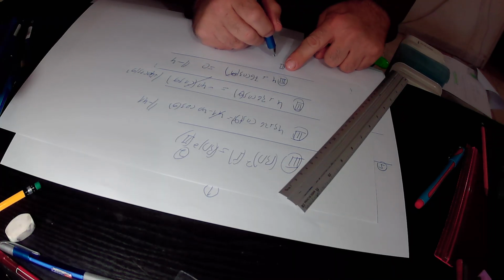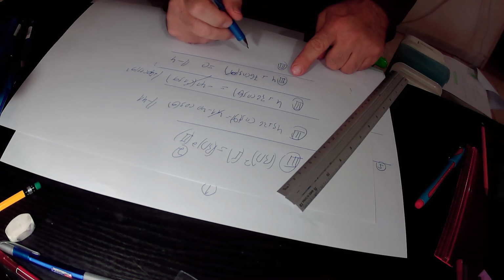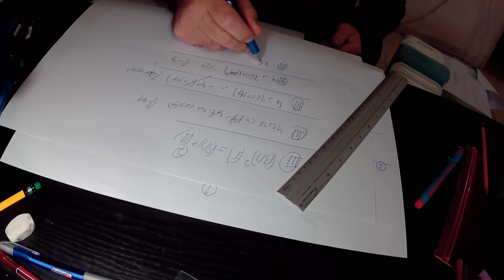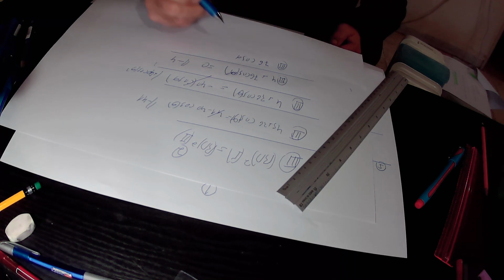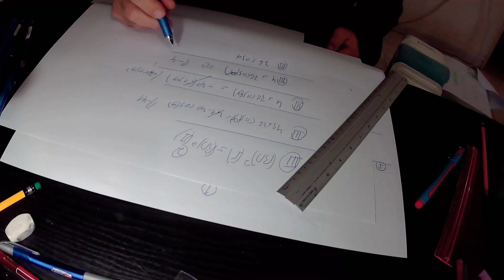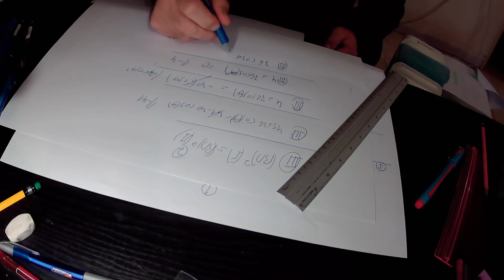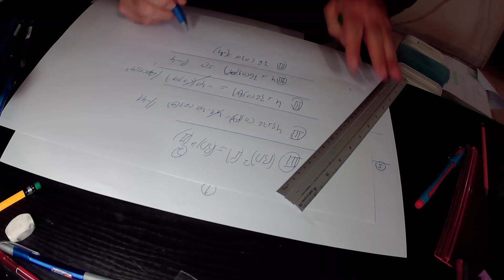So the 4 gets cancelled, and we have only 76 times cosine alpha, while on the other side of the equation 0 minus 4 is minus 4. So we know that 76 times cosine alpha equals minus 4.